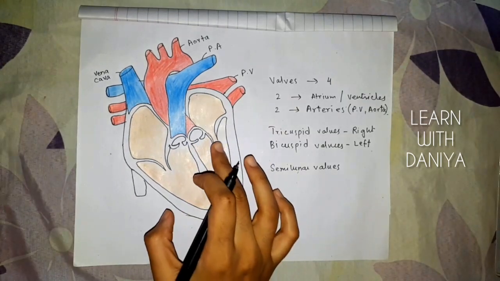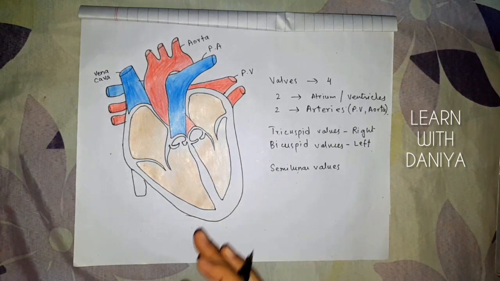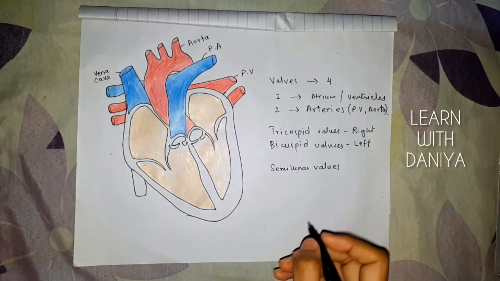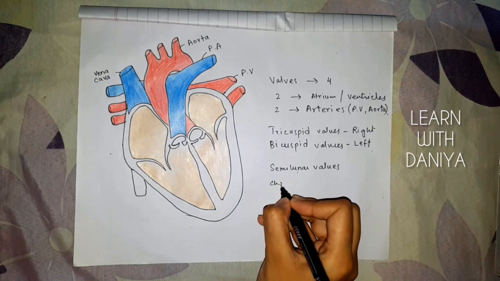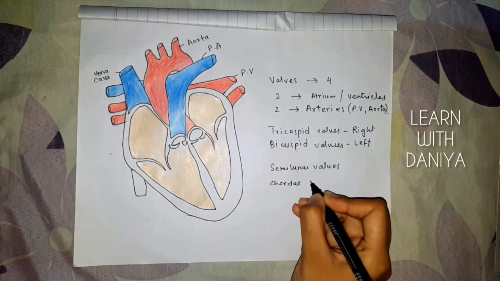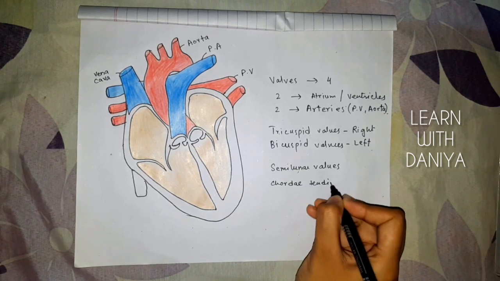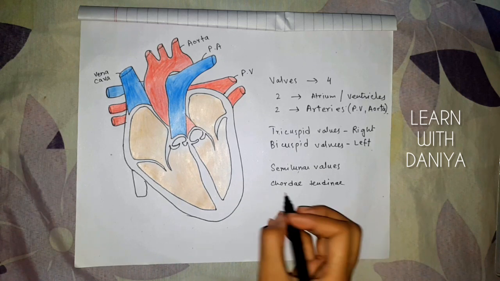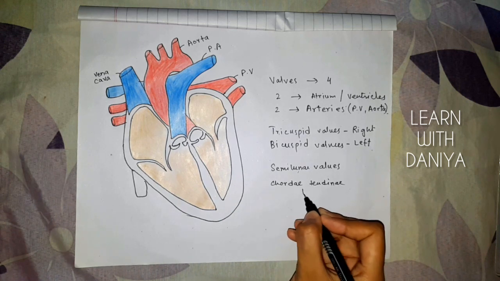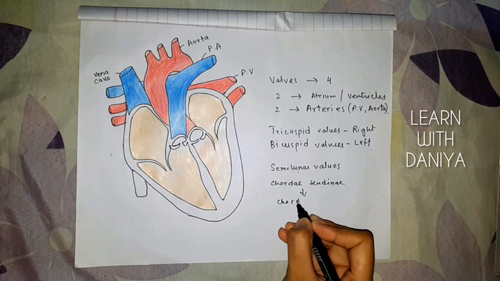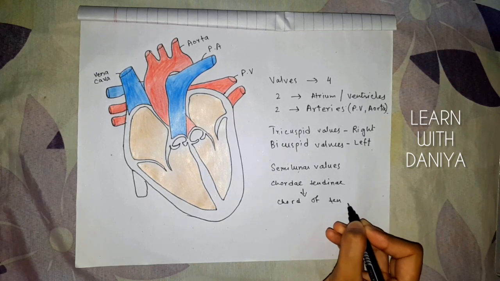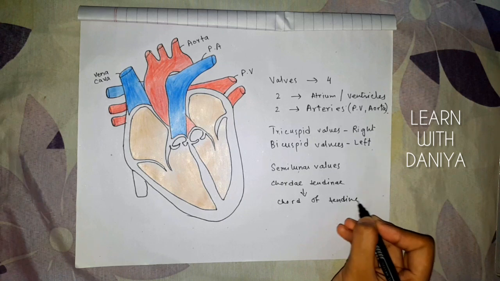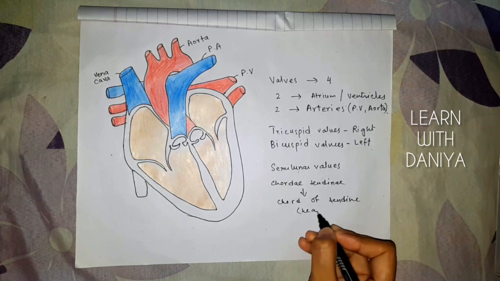There are some more structures inside the heart. The first one is the chordae tendineae, which typically means cords of tendon, and these are also called heart strings.